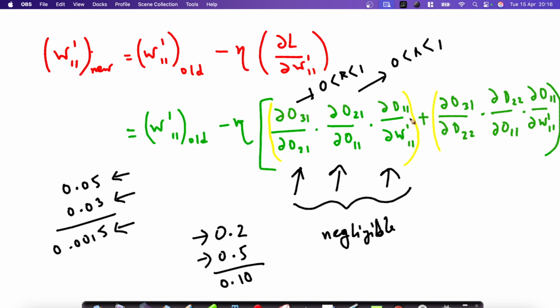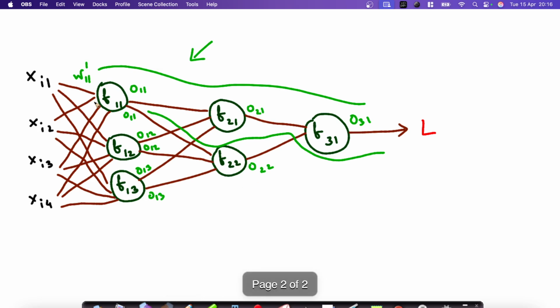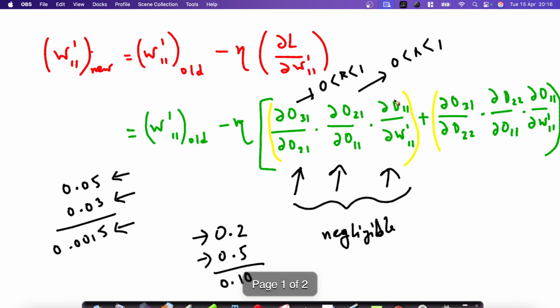The more the multiplication terms, let us suppose here we have these 3 layers, right? In real life, we'll have n number of hidden layers. Let us say 1000 layers. Then there will be 1000 multiplications involved. So you can understand, if we multiply all of these values 1000 times, what will happen?